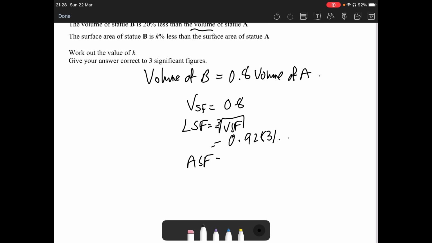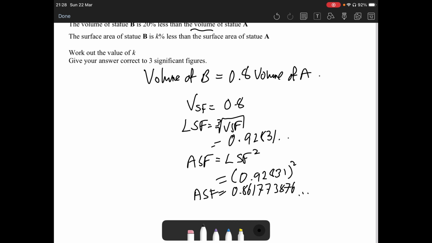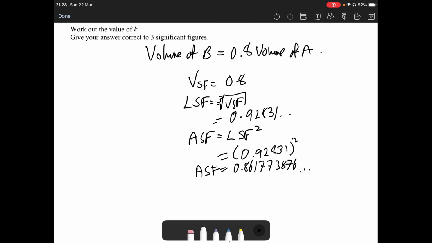The area scale factor is the linear scale factor squared. So we're going to square 0.92831, and we are going to get a number of... so the area scale factor is 0.8617773876... This means that shape B is 86% of shape A, right?